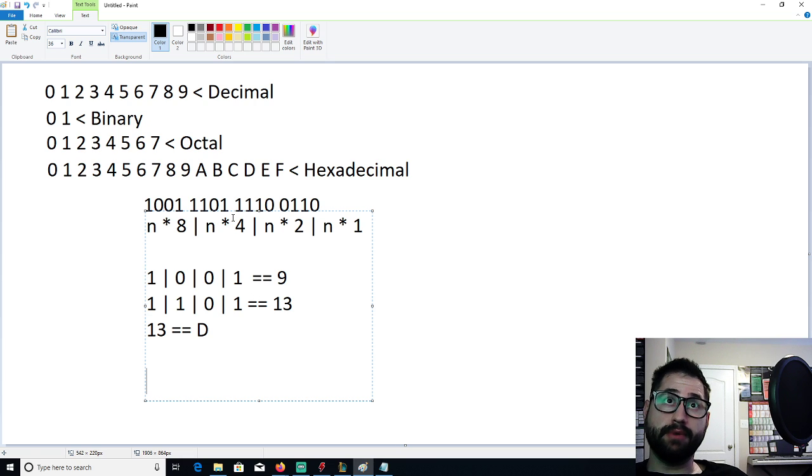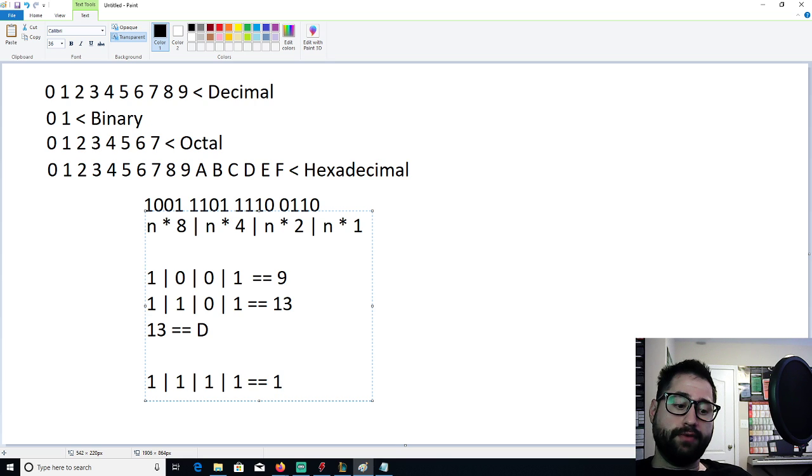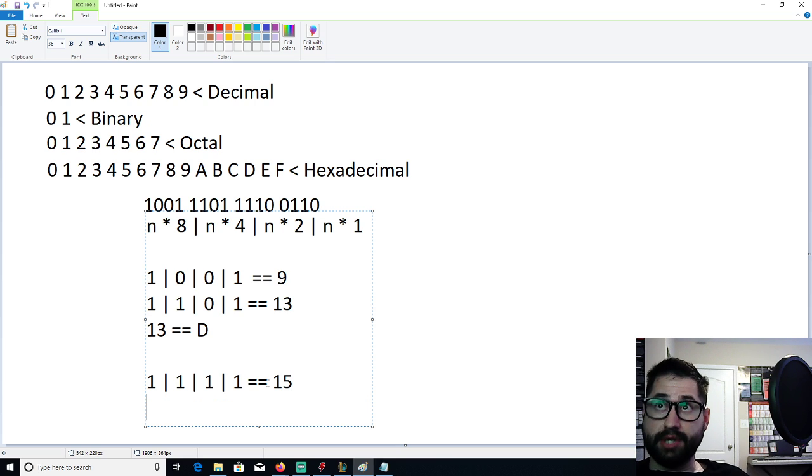If you don't remember, we look at 1, 1, 1, 1: 1 times 8, 1 times 4, 1 times 2, 1 times 1, add them all together, you get 15. So 8, 4, 2, and 1 added together equals 15, which means that in hexadecimal, when these are all on, you just get F. So you can convert directly if you break these up into 4 bits.